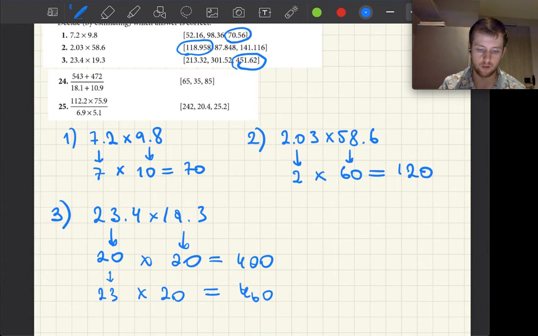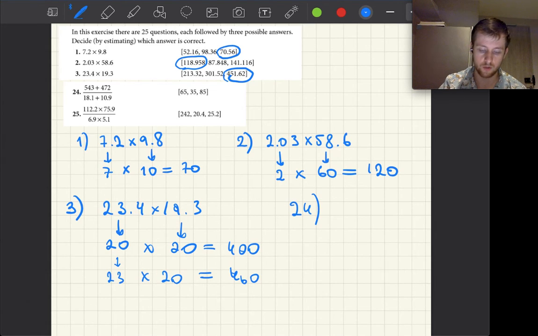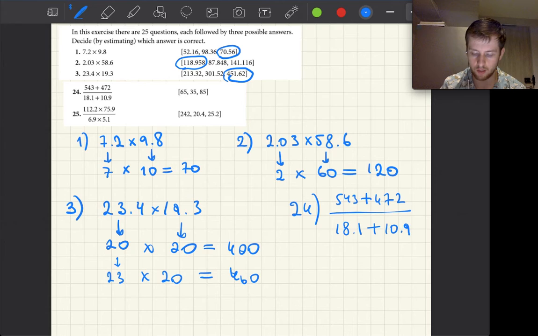Okay, let's do the next one, number 24. This is quite big numbers, so let's try to round them again within a reasonable range. 543 plus 472 divided by 18.1 plus 10.9. Let's round them all, the first two to the nearest 100.